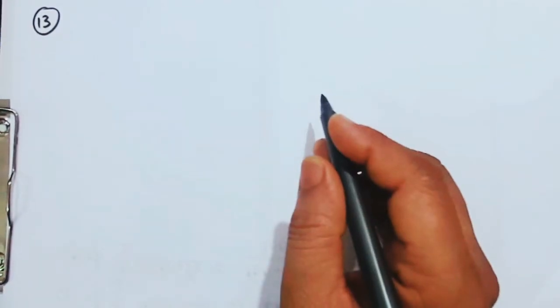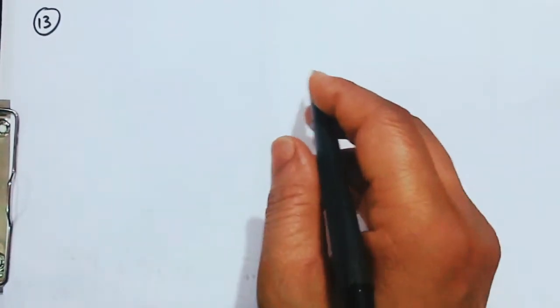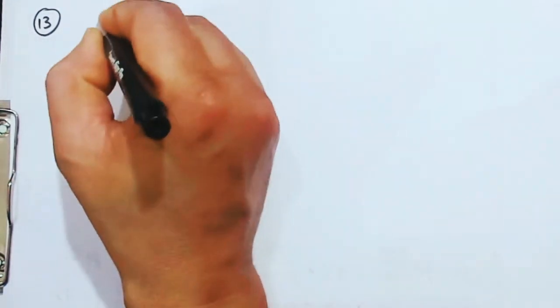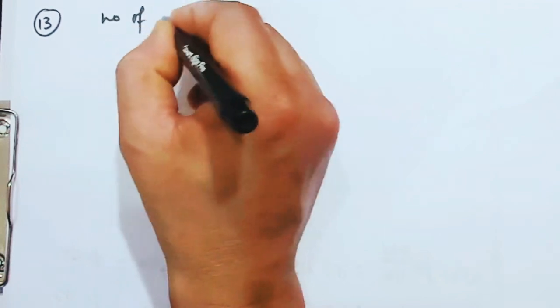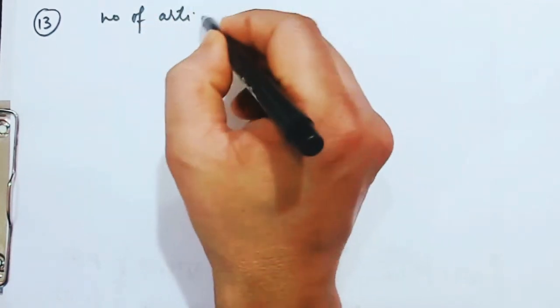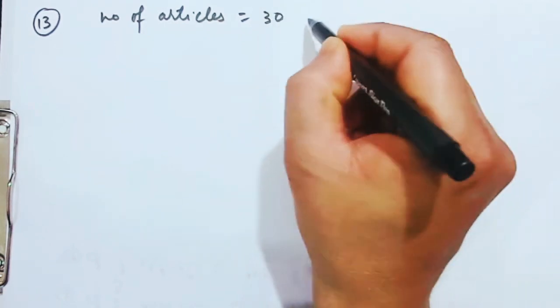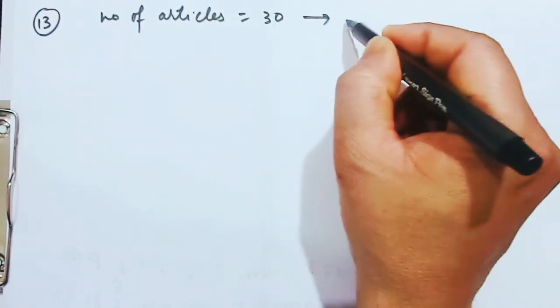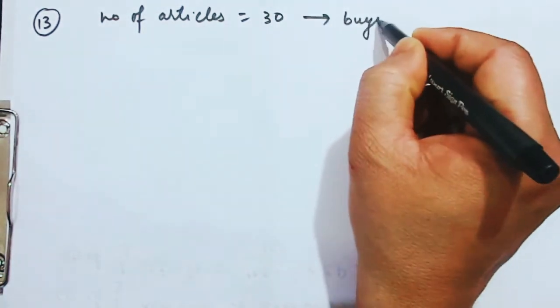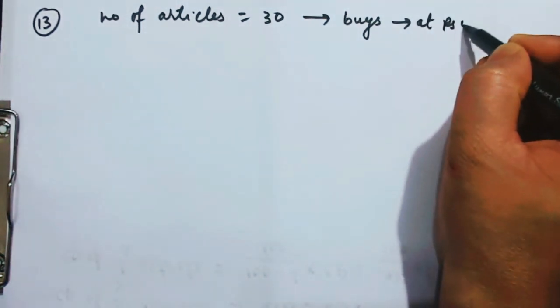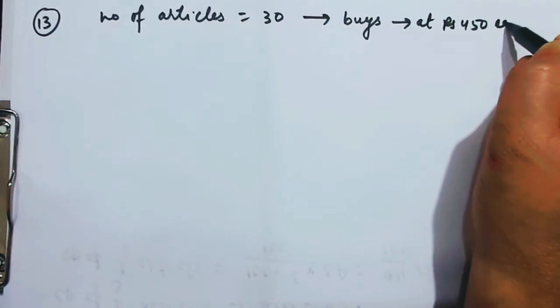Okay. So in number 13, what do they say? They say that the shopkeeper buys 30 articles. Number of articles is equal to 30, which the shopkeeper buys at rupees 450 each.